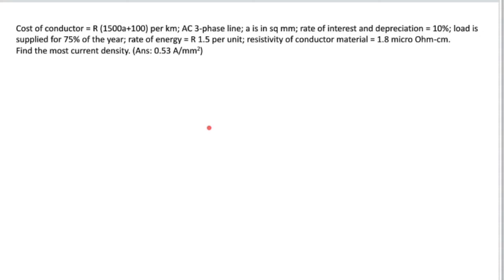The answer is there, 0.53. When you get the answer of 0.53 ampere per millimeter squared, please let me know.